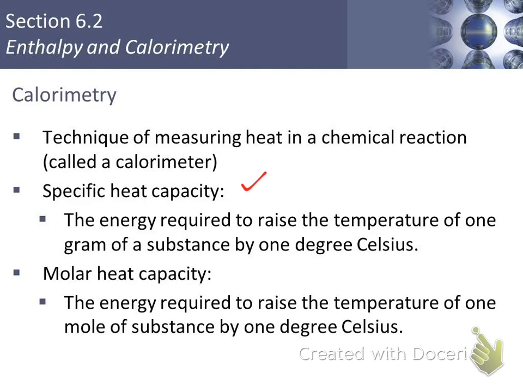It's the amount of energy required to make 1 gram of a substance increase in temperature by 1 degree. Okay? The molar heat capacity is the energy required to raise 1 mole of substance by a degree Celsius, and sometimes you'll see Kelvin instead of Celsius, but the increase rate between Kelvin and Celsius is the same because it's a 1-to-1 ratio.